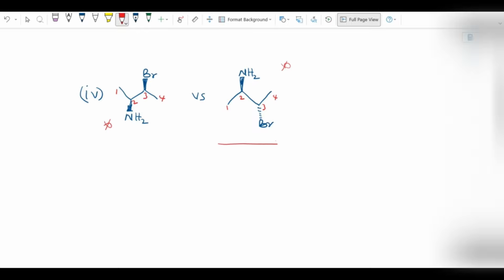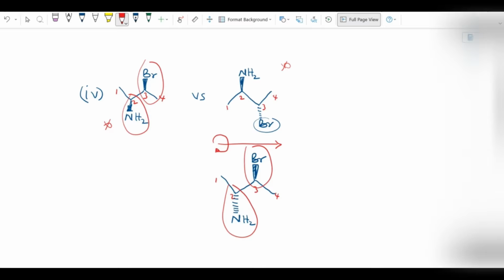So I will need to flip this compound horizontally. If I do that, I'll have 1, 2, 3, 4. The NH2 will now be on a dash bond. Whenever you do a flip, the stereochemistry will change. And the bromo group will now be on a wedge bond. So if you now compare these, the NH2 here is different.